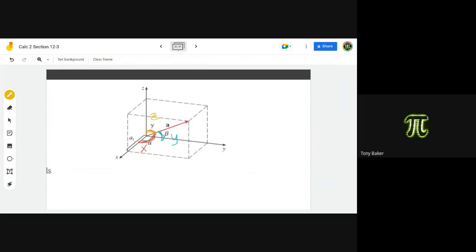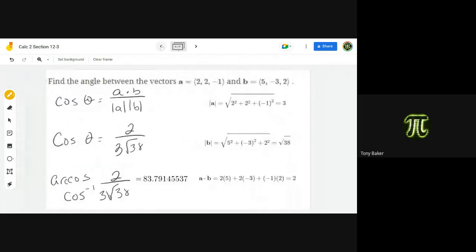All right. Let's go back to our wonderful equations here.